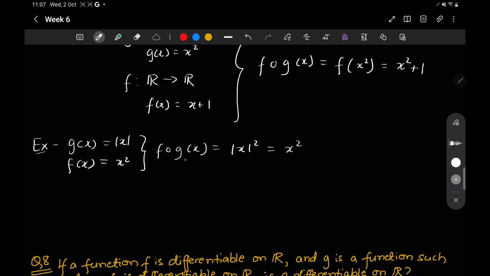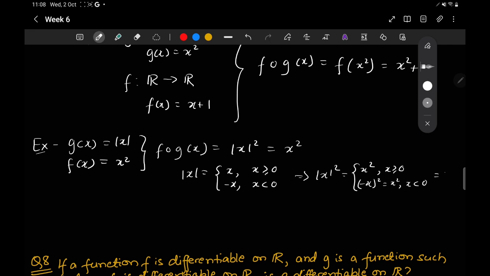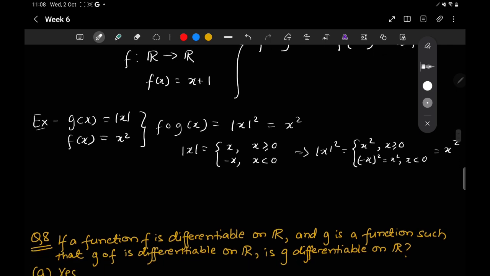And why so? Because mod of x is a function defined piecewise as follows. And here now if you take the square, negative x squared is the same thing as x squared, so this whole thing just simply becomes x squared.